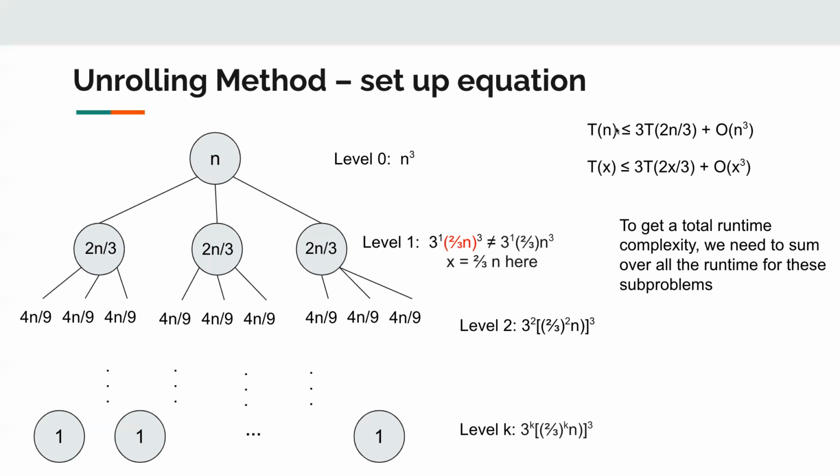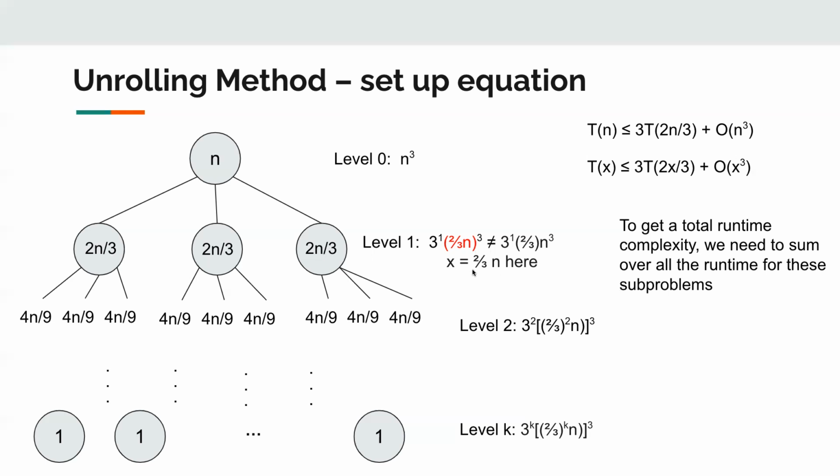If you consider this equation, I found it confusing when you're using n, because the n differs for different levels. So instead, I encourage you to think about it as a function. Instead of using n, you can use x. It's exactly the same thing, but in this level, our x is actually 2n/3.